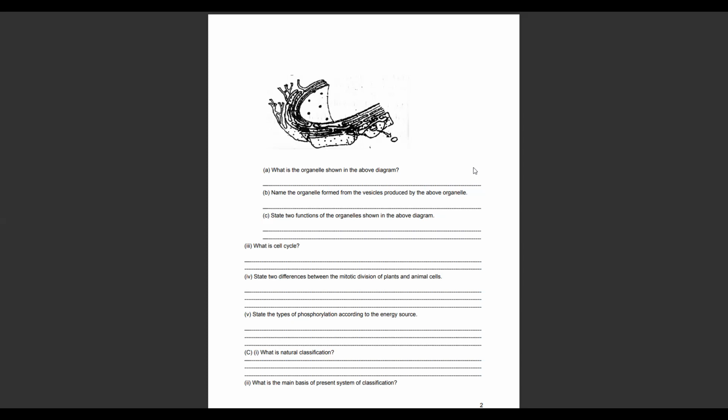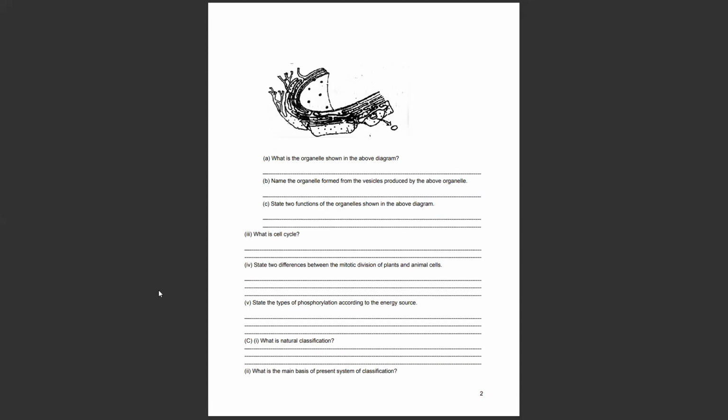That method of producing energy is called substrate phosphorylation. And the last one is oxidative phosphorylation, which means synthesis of ATP using energy released as a result of oxidation of molecules. Give 3 marks.